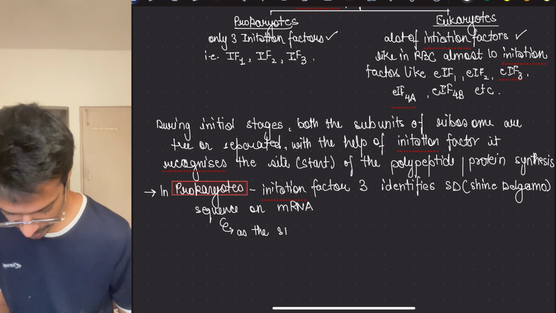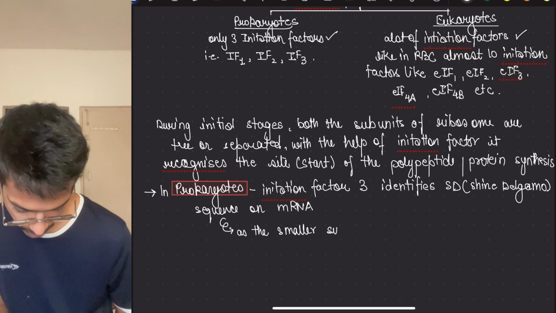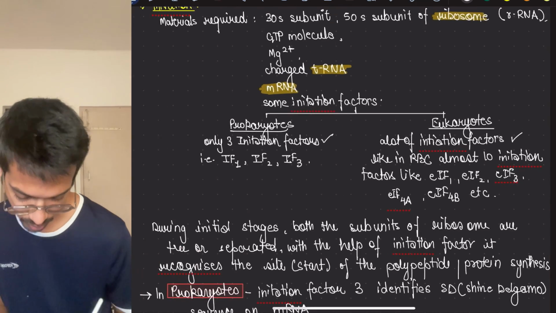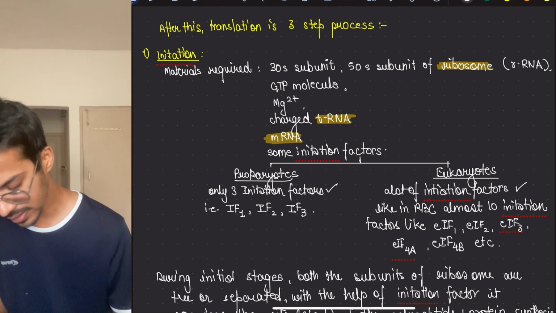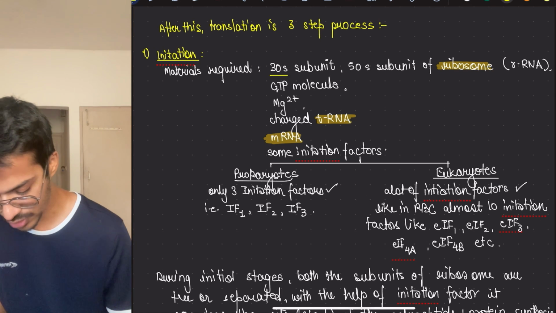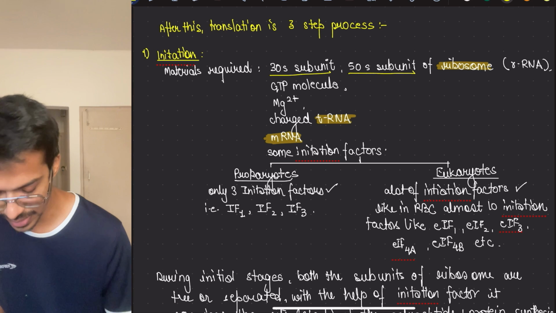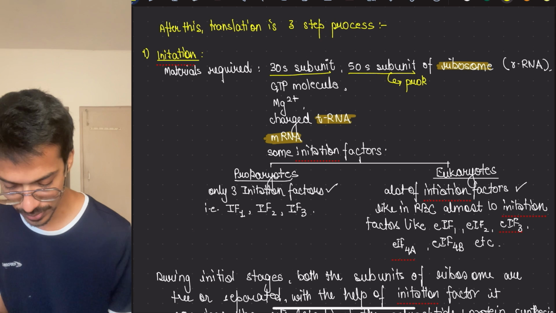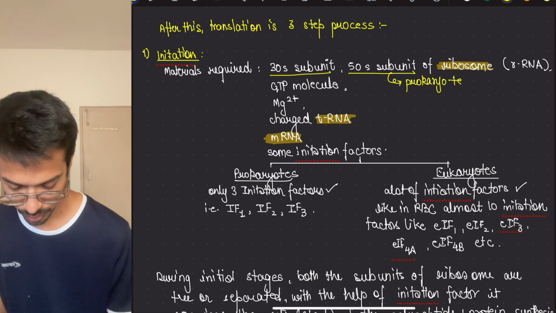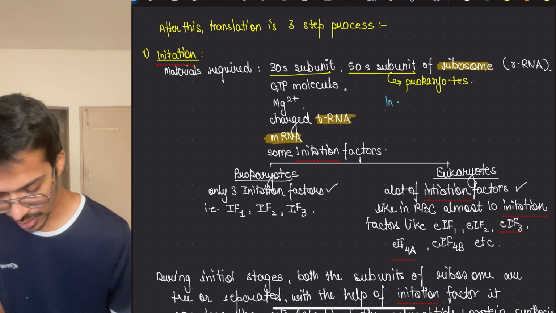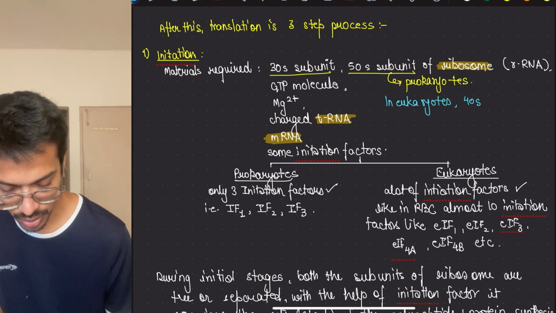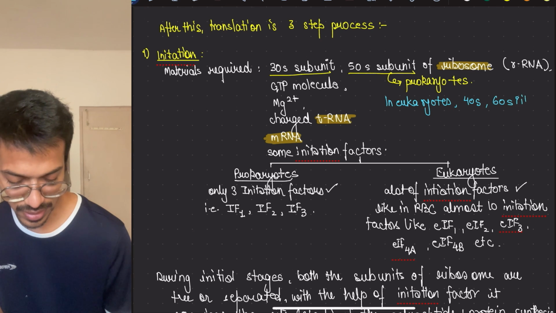As the smaller subunit of ribosome, now a very important thing is that these two, the 30S and the 50S, will be present in prokaryotes. In eukaryotes, the sizes will be 40S and 60S ribosome.